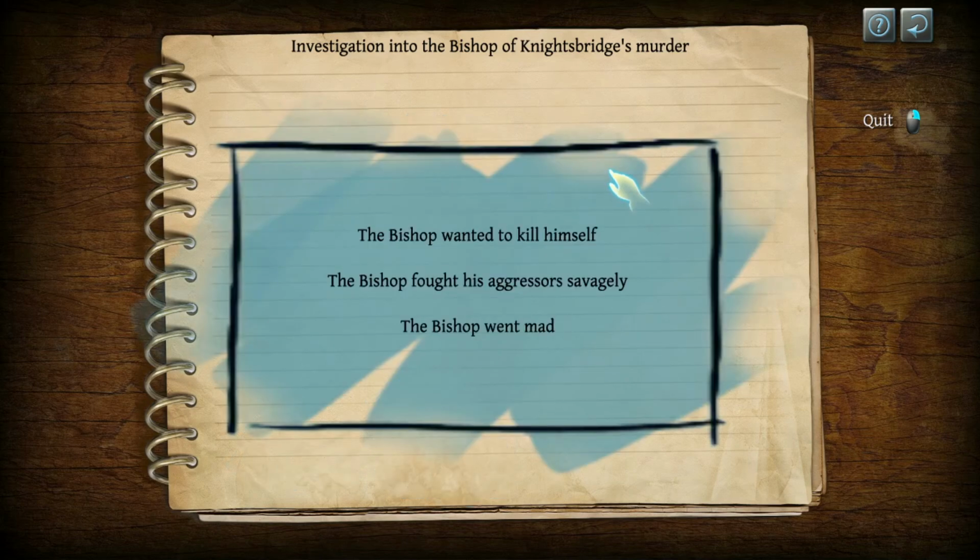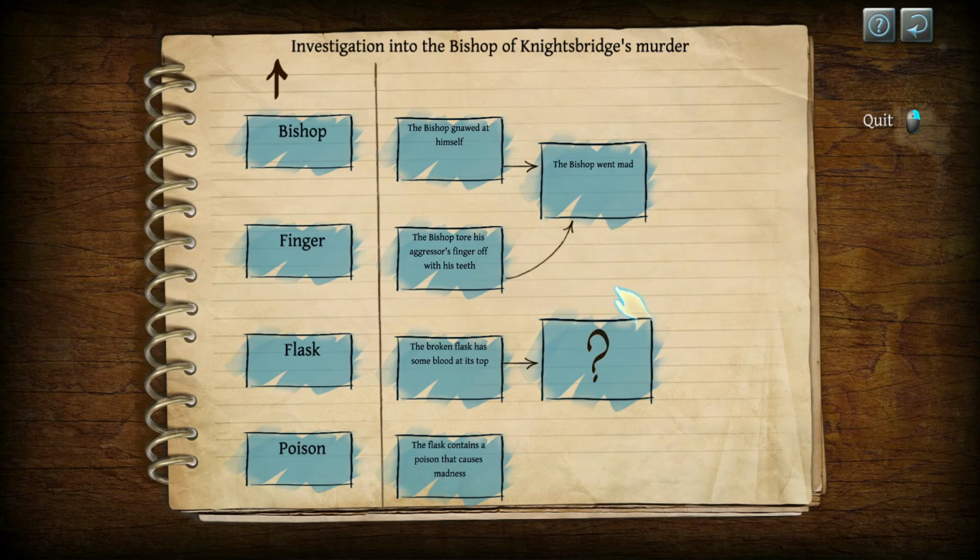So, Bishop wanted to kill himself. Well, no. The Bishop fought his aggressor savagely. Well, that is true, but he also went mad. Well, I go with mad because he was under the influence of poison. We will see if it's correct or not.